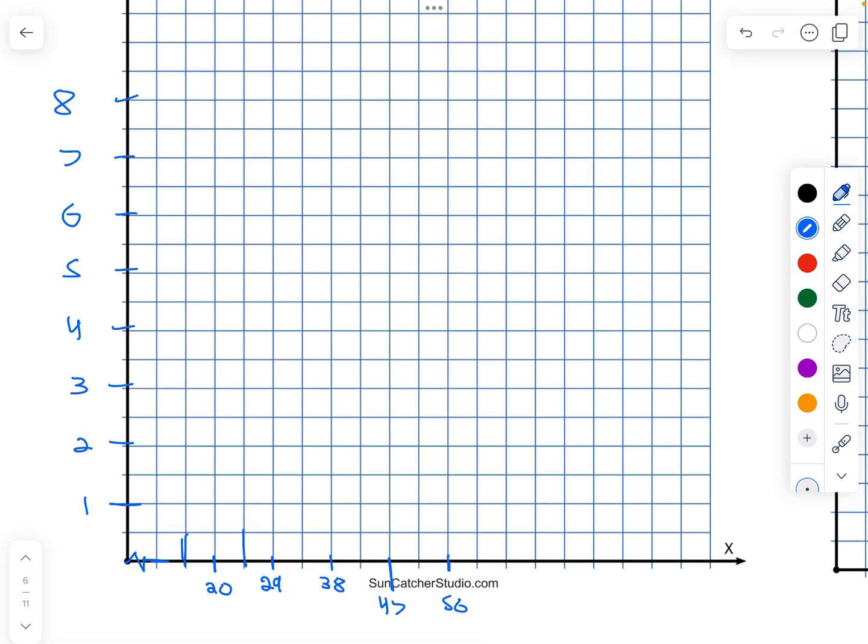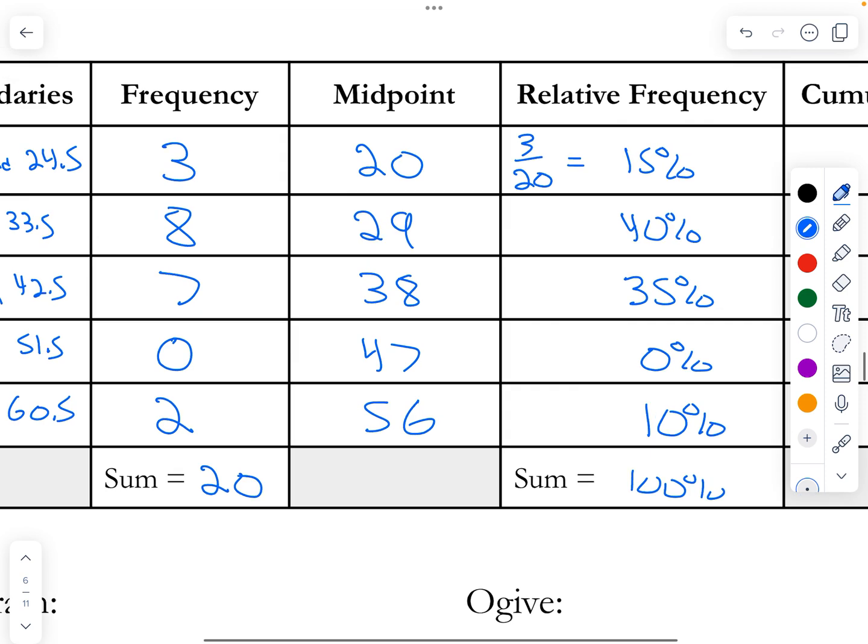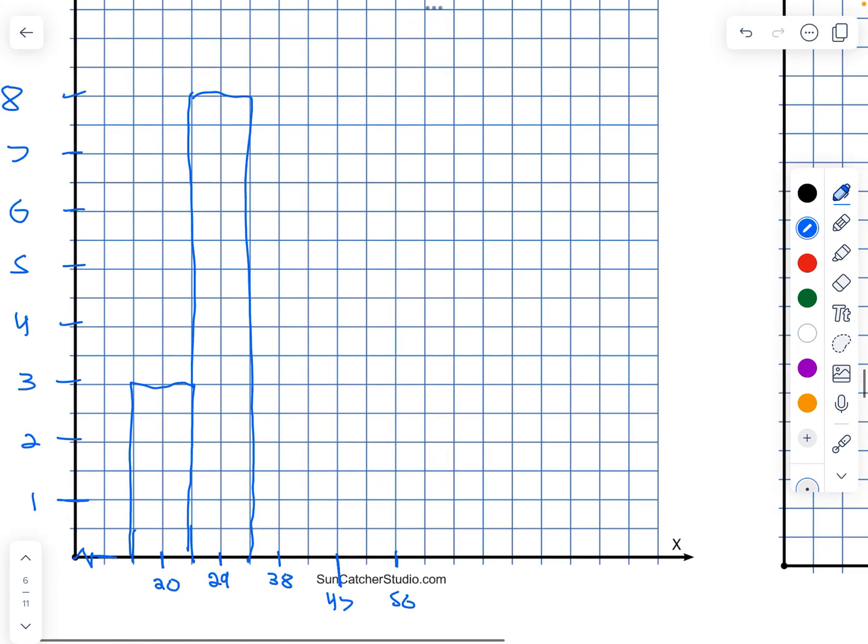So the first class goes up to 3. Then we go to 8. Then I believe we had 7, yep. Then 0, and then 2.